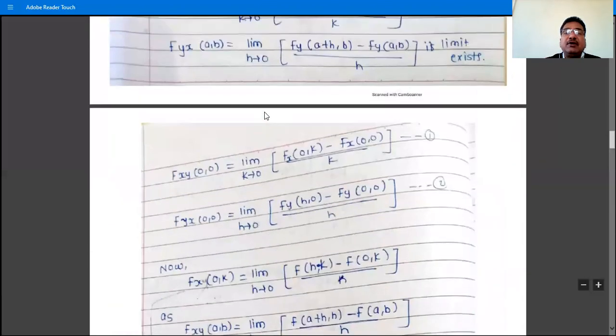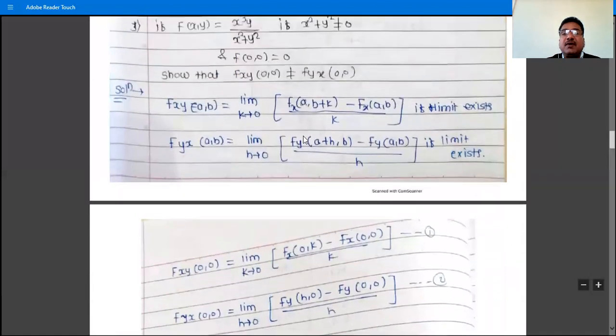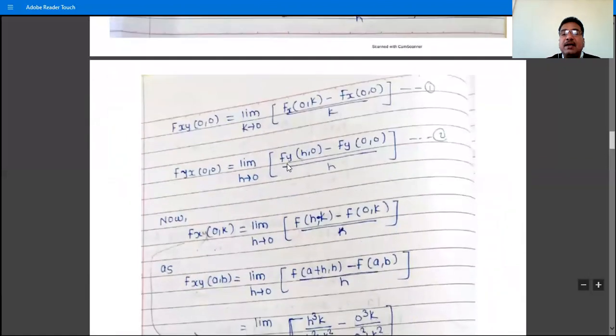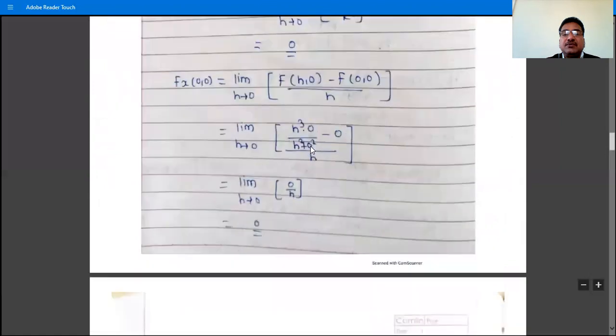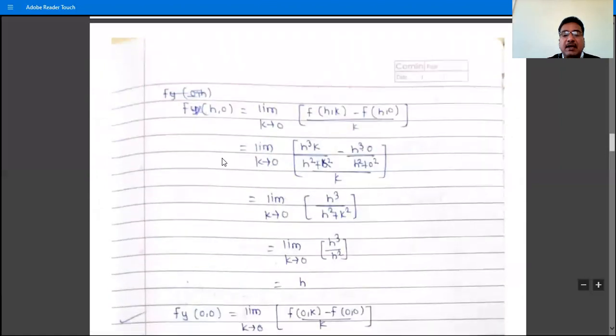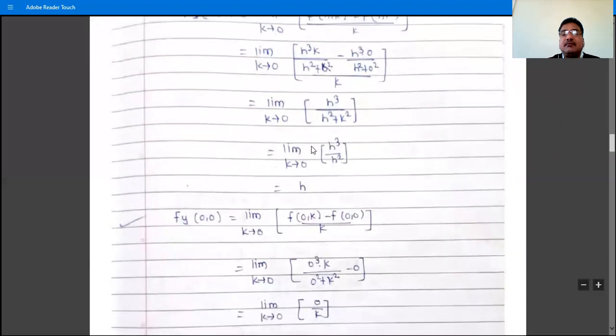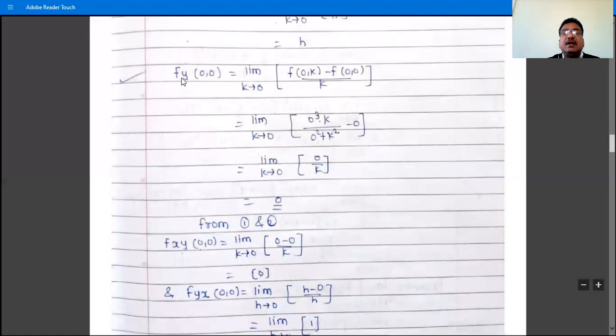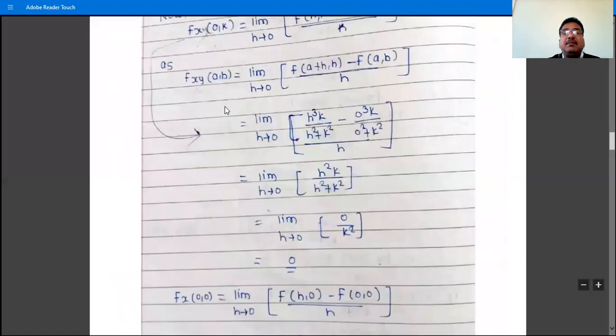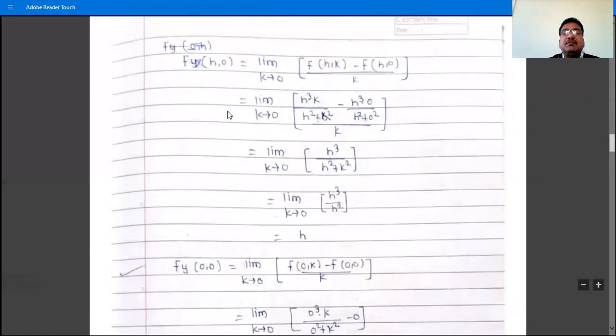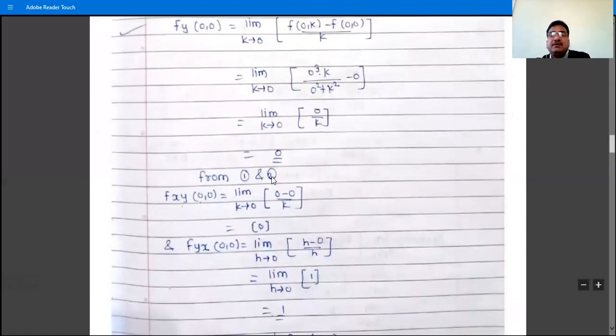Then fy(h,0): use the definition of fy(a,b) and substitute a as h and b as 0. The answer is h. Similarly, fy(0,0): substitute a as 0, b as 0, and we have this answer.